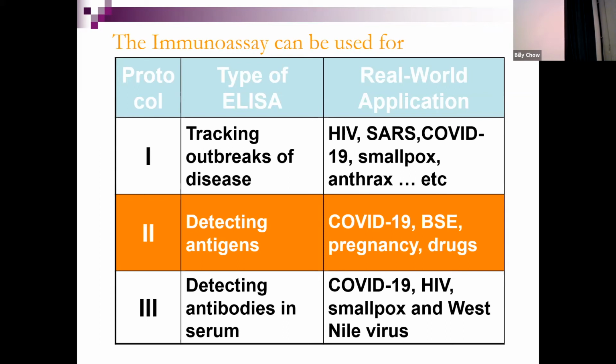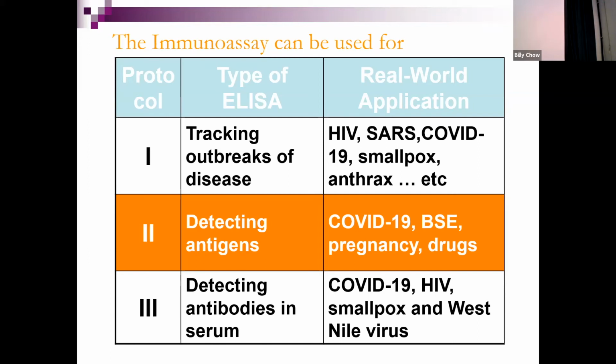Okay, so imagine that someone is infected with COVID-19. Then this person will have the antibodies in the serum to COVID-19. You can use ELISA to coat the plate with the antigen.